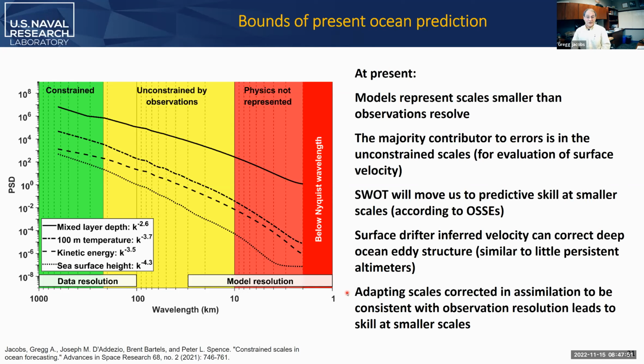And there certainly is skill in the models in the rotary spectra. So those inertial oscillations, is it sufficient to remove them down to error levels that are necessary for velocity observations? I don't know off the top of my head, but that's a really good question. I'm adding that to my list. Okay, thanks, Greg.